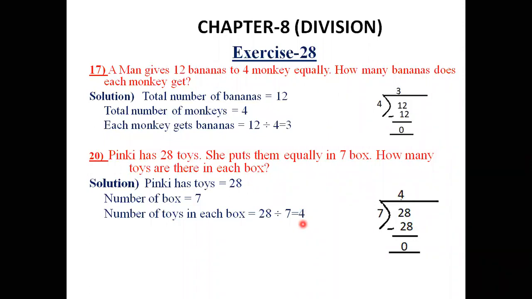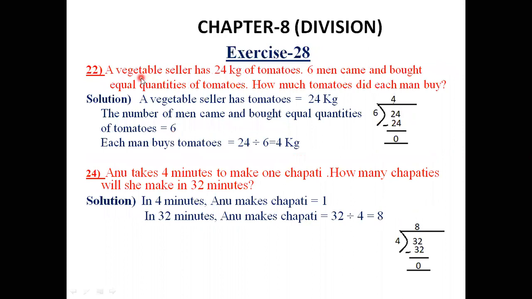So there are 4 toys in each box. Okay. Now question number 22. A vegetable seller has 24 kg of tomatoes. 6 men came and bought equal quantities of the tomatoes. How much tomatoes did each man buy?